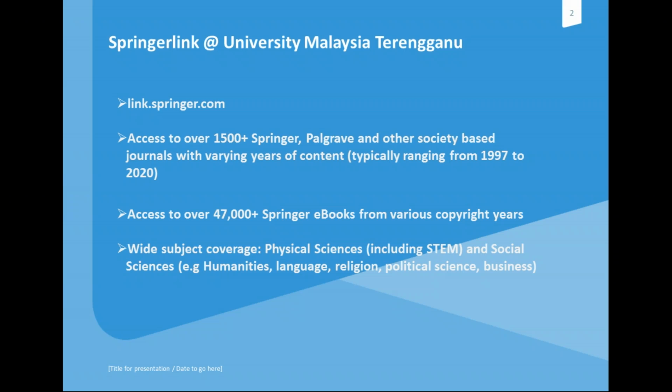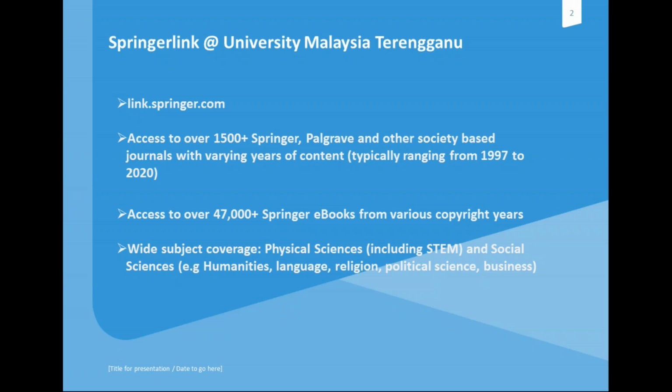Also, very important to note, the UMT library has provided its users a very large collection of Springer ebooks from many different copyright years, some as old as a couple of decades ago, all the way up to very recently published titles.